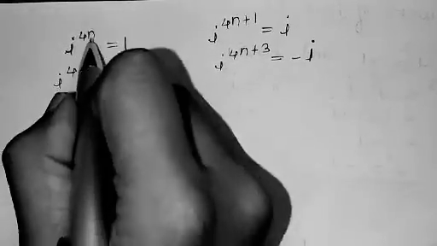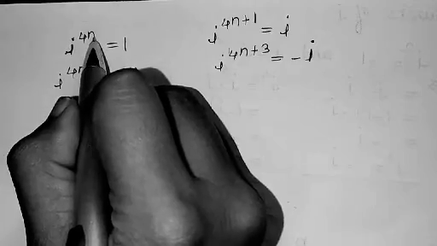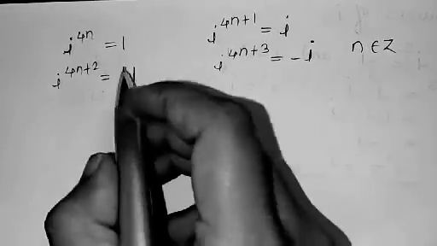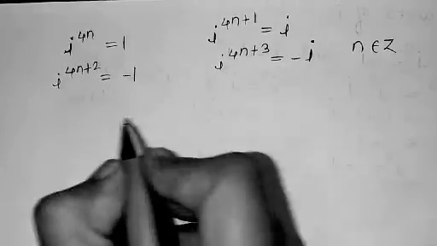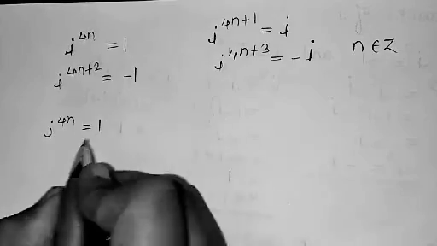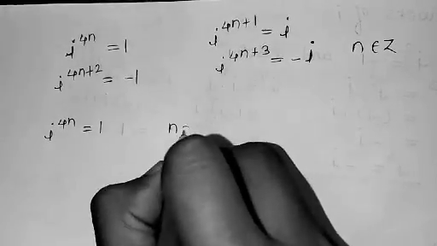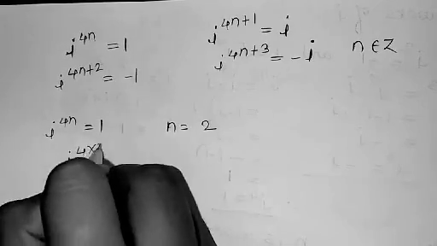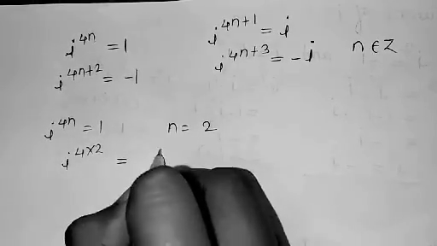Simply we put n as a positive integer and we get this result. If iota raised to 4n is equal to 1, and we put n equal to 2, we get iota raised to 4 into 2, that is iota raised to 8.